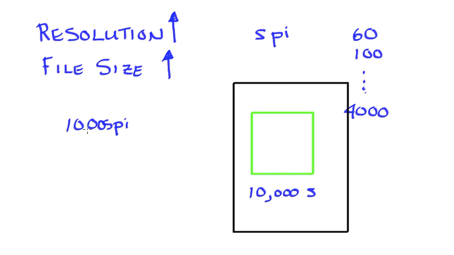Now I have 1,000 times 1,000, and now what I end up with is 1,000,000 samples. Same scan area, but now I have more data to store. Instead of 10,000, I've got 1,000,000 samples. So my file size is also going to increase.